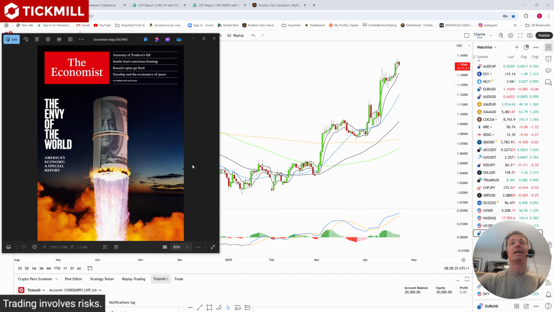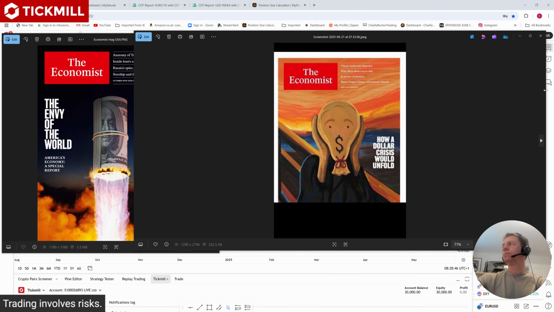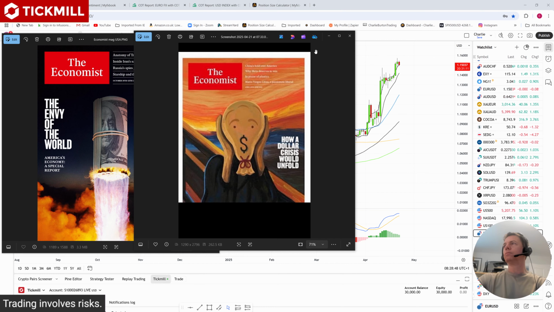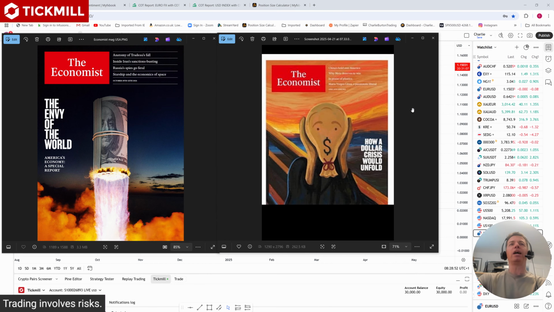And then of course everything's changed, to the extent that if I bring up another screenshot just several months later, The Economist has now got a new front page headline just last week saying how a dollar crisis would unfold. So it's almost the opposite now.